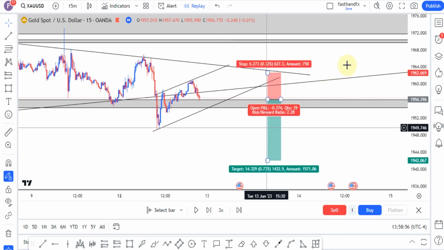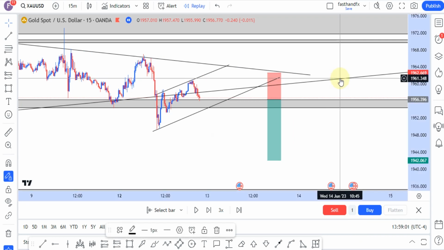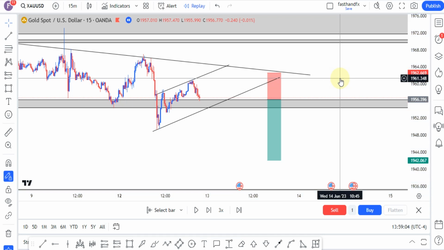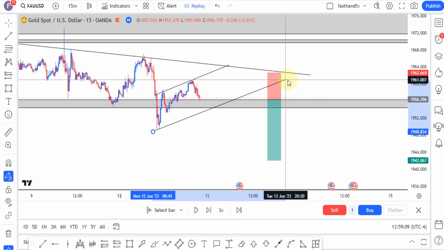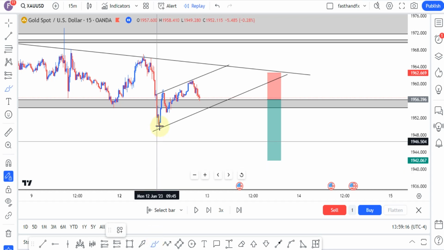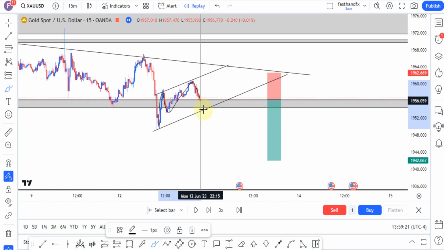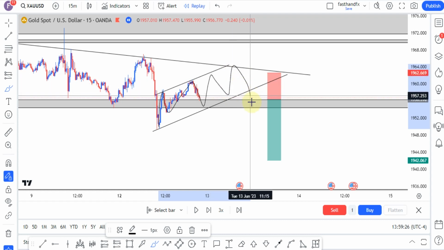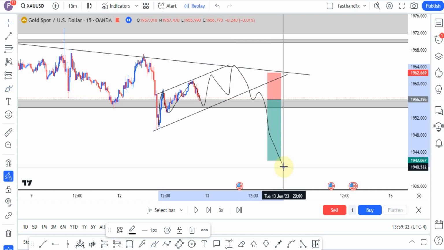We expect this market to respect this correction area. So this may be what the market is doing, behave like that, give us this, that one, maybe in that break, then we can go down. So let's see guys what happens here.